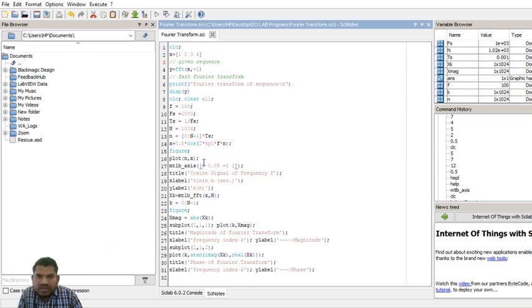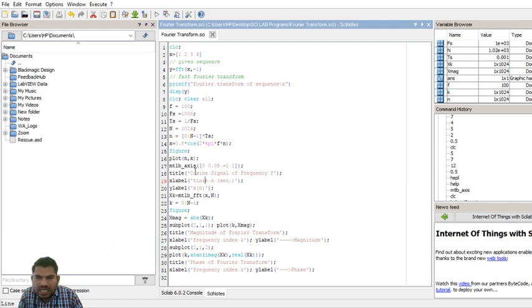Now to get this output in MATLAB, the axis is in discrete form. Here the x axis is from 0 to 0.05, and the y axis is from -1 to 1. The title is cosine signal of the frequency. The x label is time and the y label is x of n.